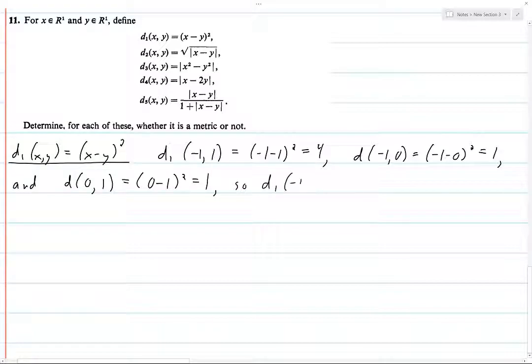So this means that the distance between -1 and 1 is 4, which is strictly greater than 2, but that's the distance between -1 and 0, plus the distance between 0 and 1. These d's should have 1s by them.